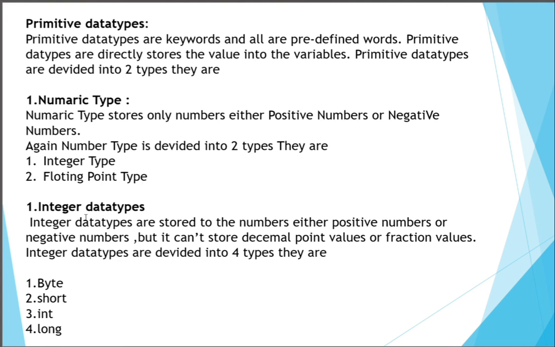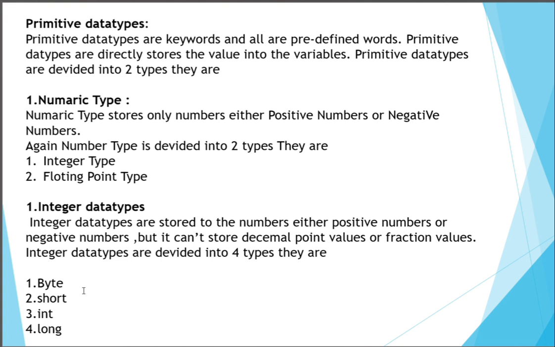First, we have to see integer data types. Integer data types store numbers, either positive numbers or negative numbers, but they cannot store decimal point values or fraction values. Integer data types are divided into four types.